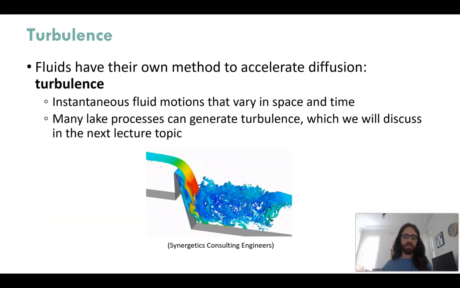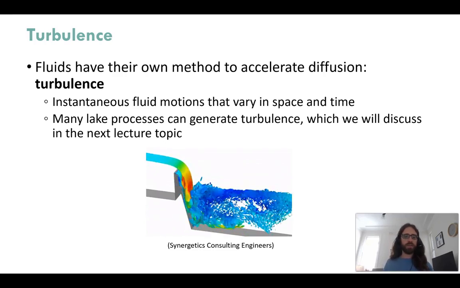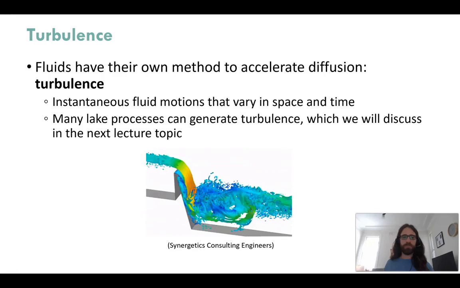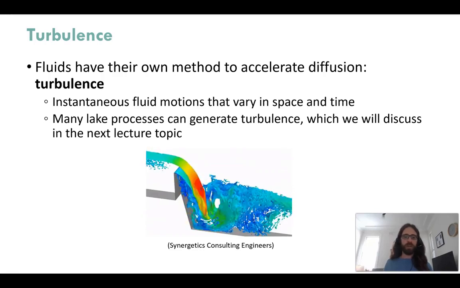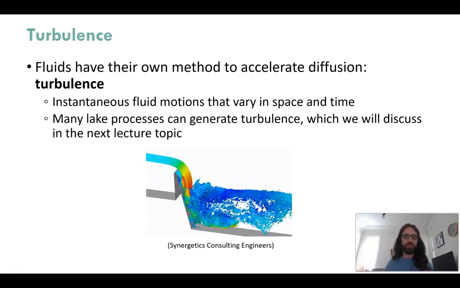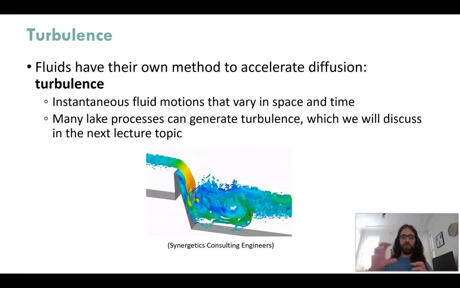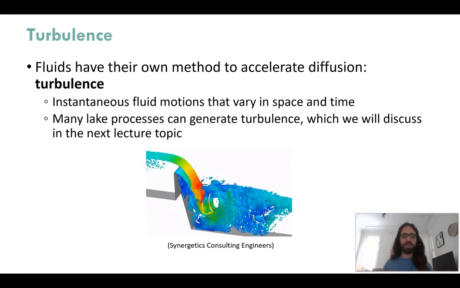So the example I just showed was an external action, but there are also internal mechanisms within a fluid that can help to accelerate diffusion. And this is what's known as turbulence. So when a flow becomes unstable, there are going to be these instantaneous motions within the fluid where it's moving in all sorts of directions that vary in both space and time.